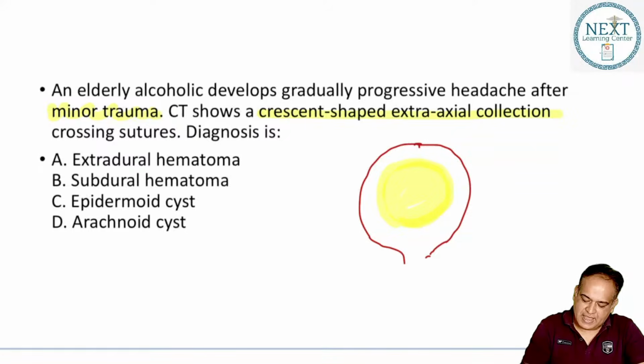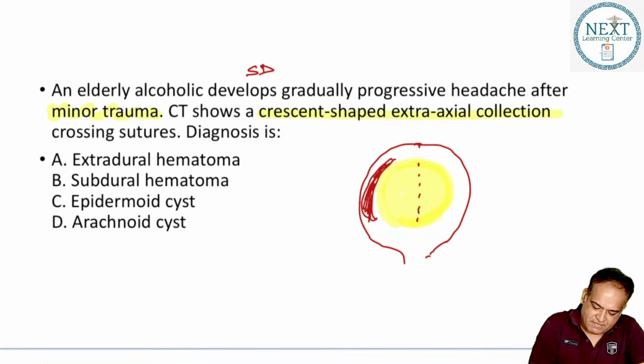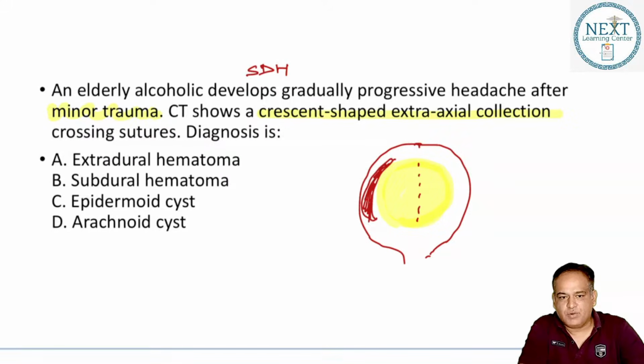Extraaxial means it is away from the center. So there is a crescent shape like this. So crescent shape means your patient is having SDH, subdural hematoma, right?